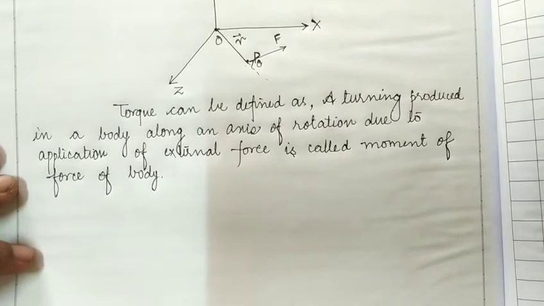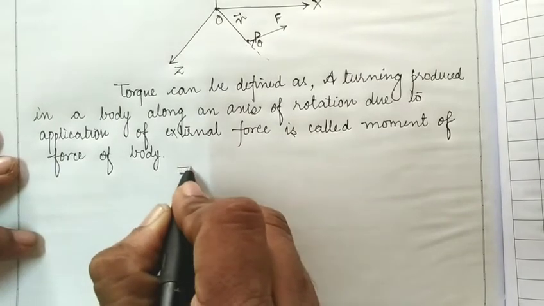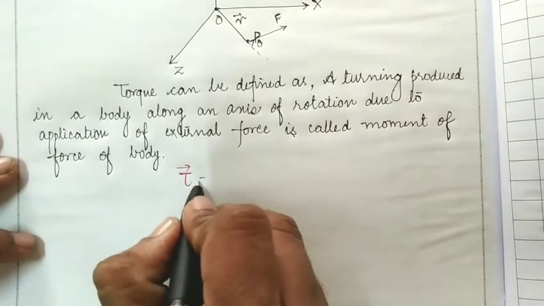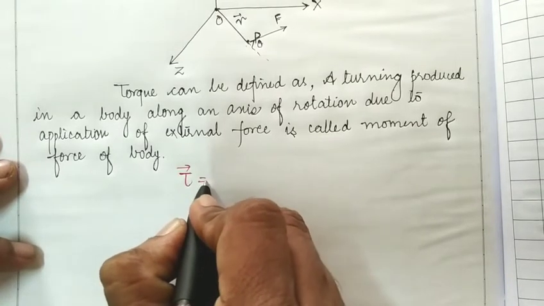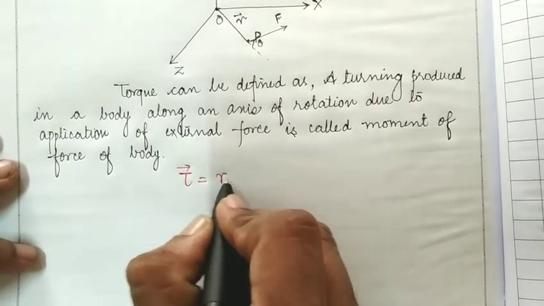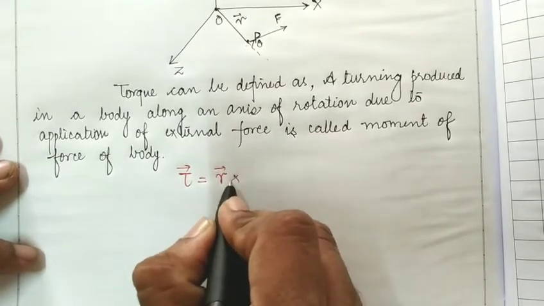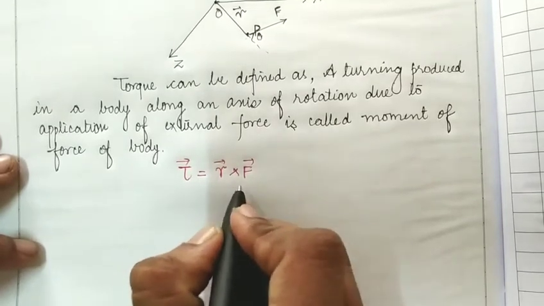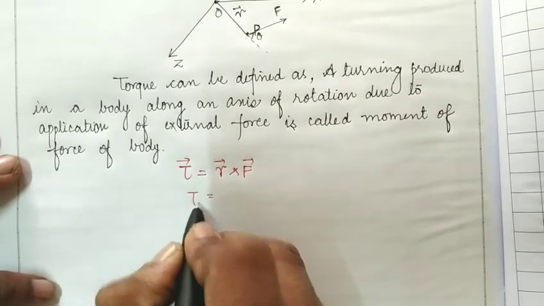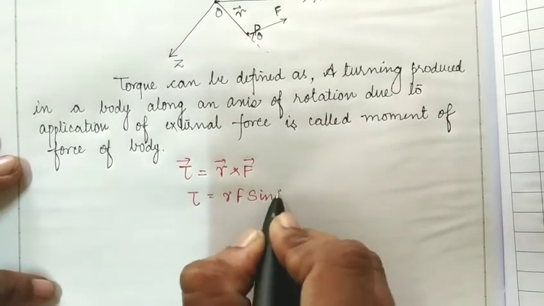Now how can it be defined mathematically? Moment of force is a vector quantity, so it is the cross product of the position vector and the force. It can also be given as tau equals r into F sin theta.